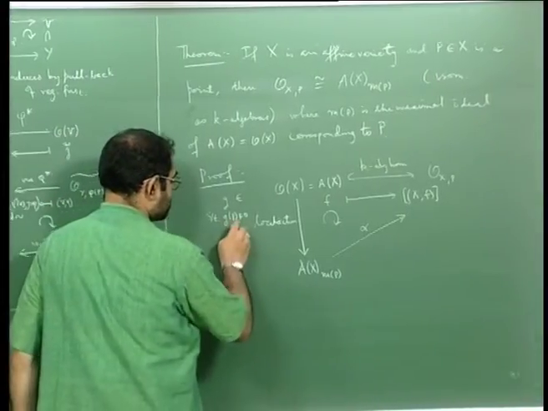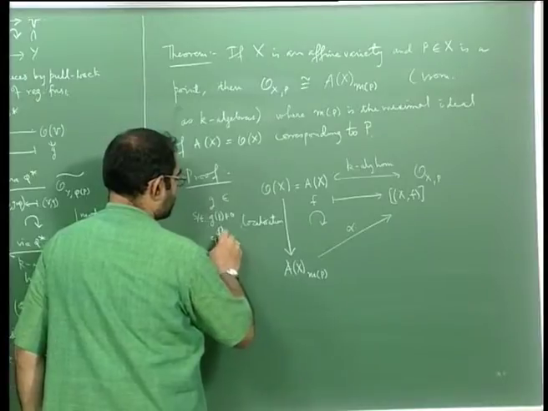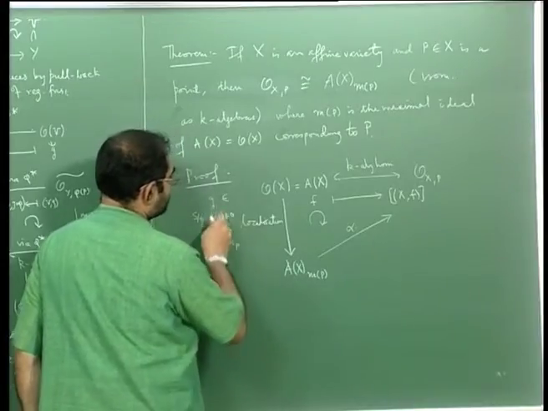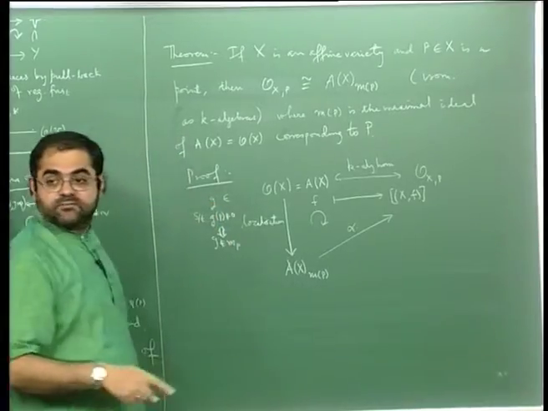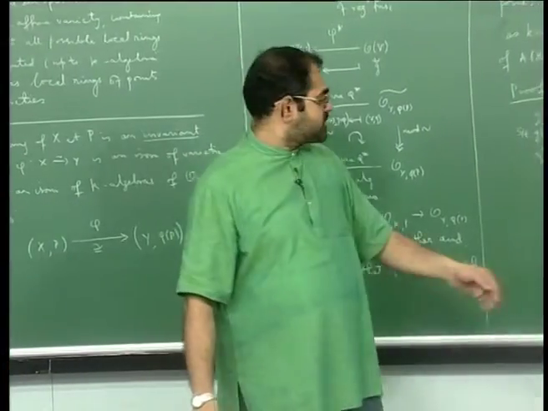If G does not belong to MP, its image in the localization will become a unit, because the localization inverts all the elements which are outside MP.